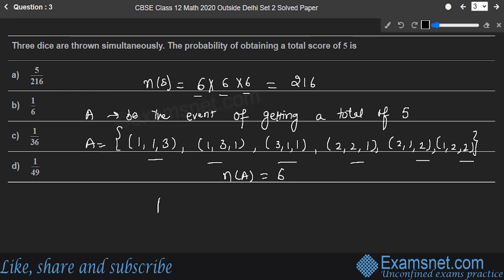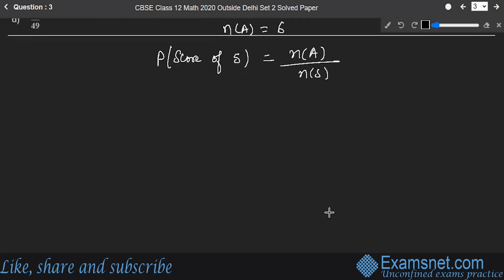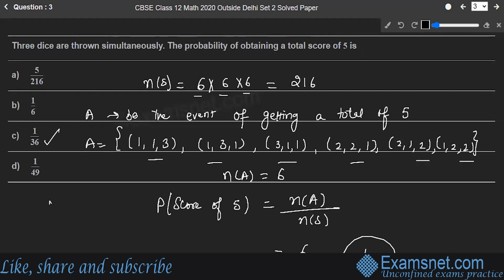So you have to find the probability of getting the score of 5, total score of 5. This is equal to number of favorable outcomes divided by the number of total outcomes, which is equal to 6 upon 216. That is equal to 1 upon 36. So this makes option C to be the correct answer. Hope you understood that.